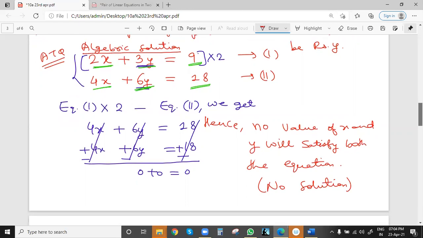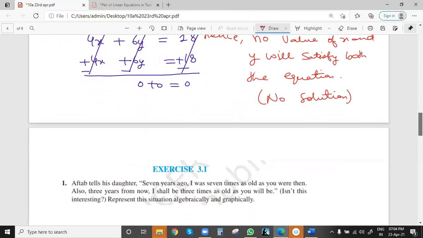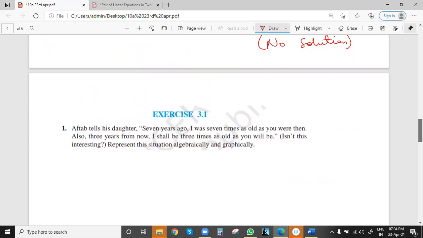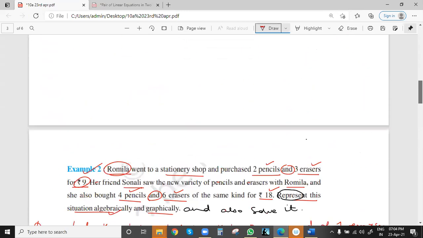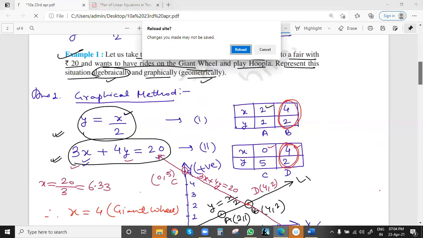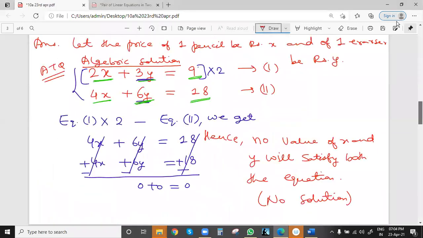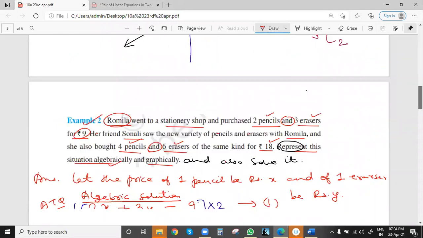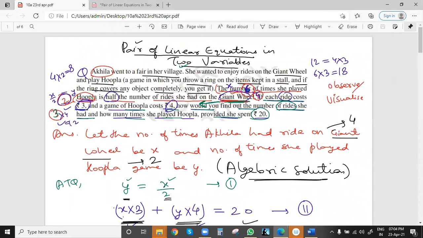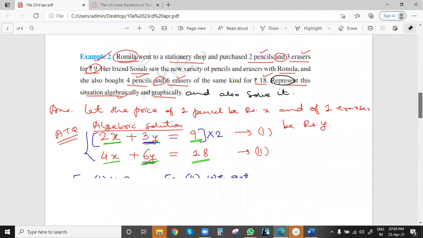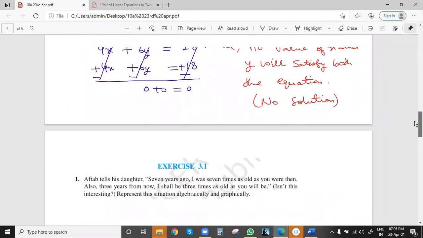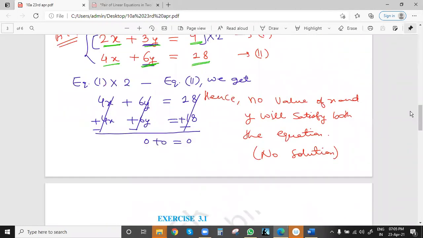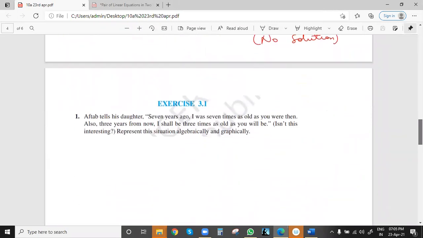Now comes the second part, that is graphical solution. So for the graphical solution, we can have it here.